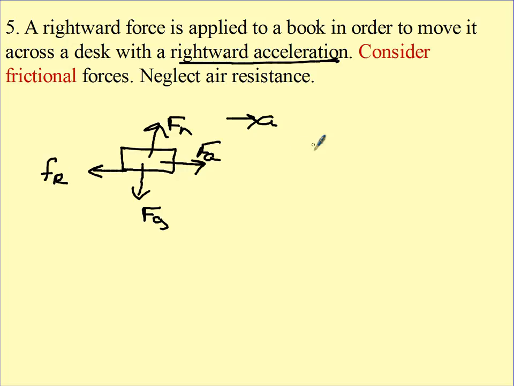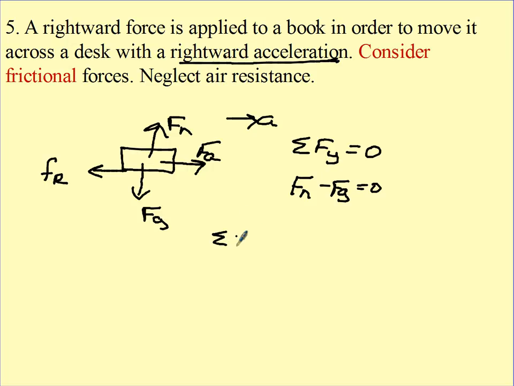Let's look at what Newton's laws say here. Sum of the forces in the y is 0 because there is no motion in y. Ignore everything in x. All right. What do I have acting in y? Just Fn minus Fg equals 0.